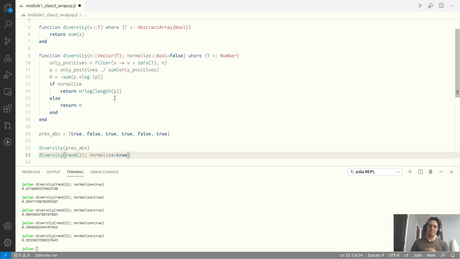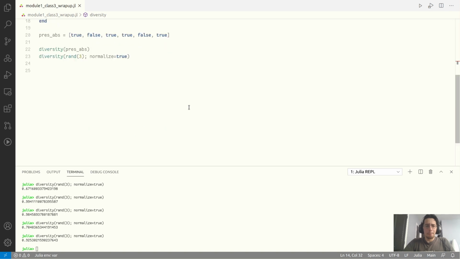Either it's measuring the diversity of presence or absence, or it is measuring the diversity of abundances in a way that is unbounded, or it is measuring the diversity of abundances in a way that is bounded between 0 and 1. But you don't need to remember all of the different values. You just need to remember, well, it's called diversity, and depending on the type of arguments, it's going to do different things.